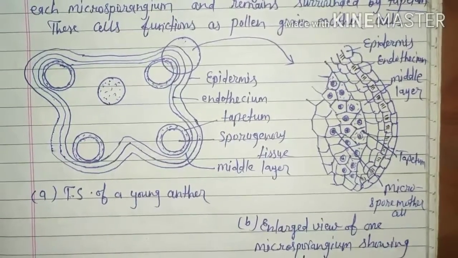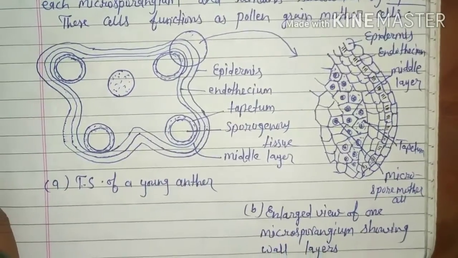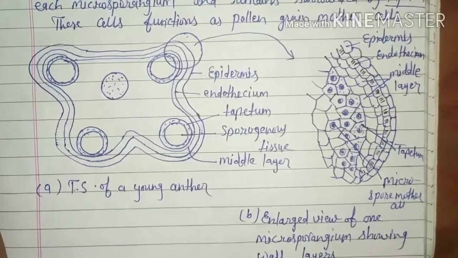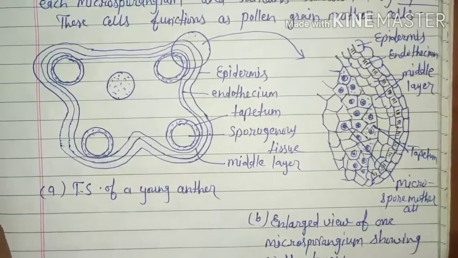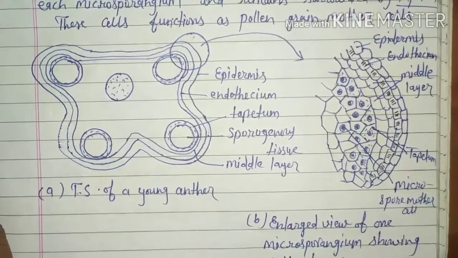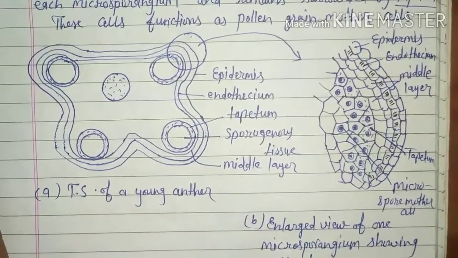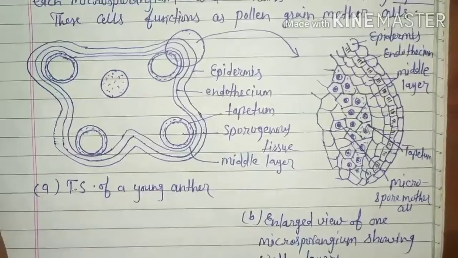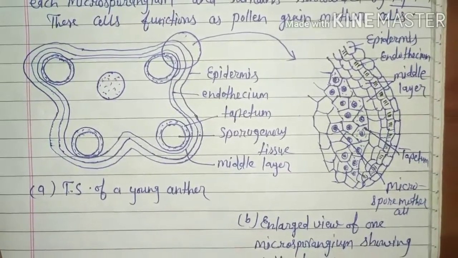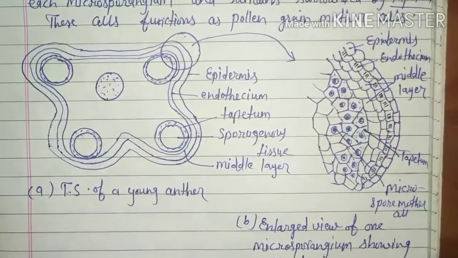Both lobes are connected by connective tissue. Each lobe of the anther consists of two microsporangia, or two pollen sacs or two pollen chambers. Thus, each anther has four microsporangia.